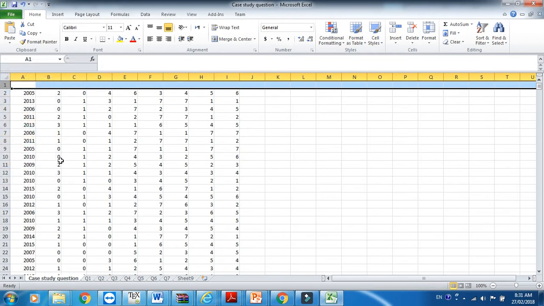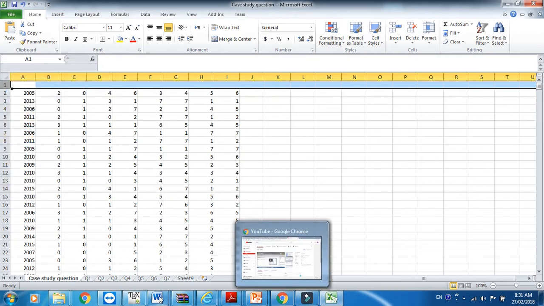For that, let me add a row to show the labels of these columns.